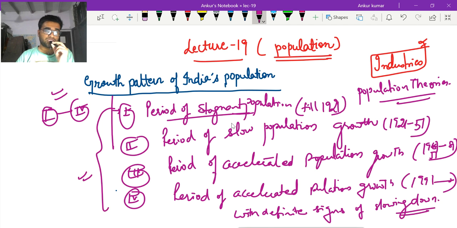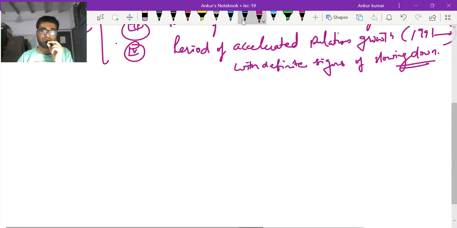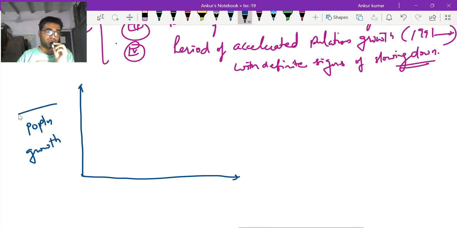Basically, to understand these four phases, what we must first understand, although we will discuss the demographic transition theory separately, but just to understand these phases, let us discuss the demographic transition theory very briefly, so that we can do justice to this topic. The demographic transition theory says that population growth is the product of basically two entities.